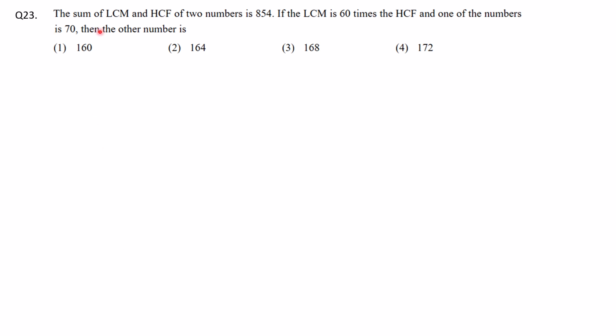So question 23: the sum of LCM and HCF of two numbers is 854. If LCM is 60 times the HCF and one of the numbers is 70, then the other number is. So first of all, here I am going to take variables. So I am taking LCM as L and HCF as H. What is given, their sum is 854, and then there is a relation given, LCM is 60 times HCF.